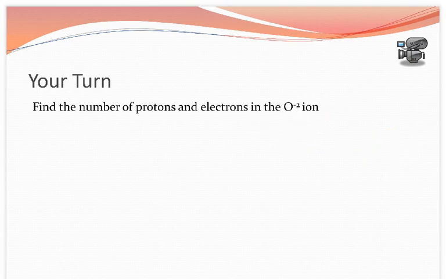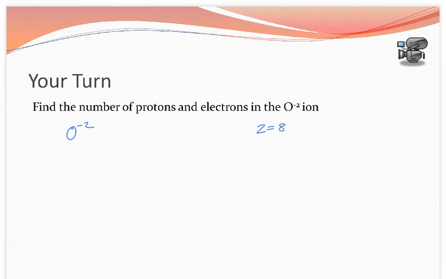Now go ahead and try one yourself, and let's find the number of protons and electrons in an oxygen anion this time. So we have oxygen anion, and the Z number for oxygen, or the atomic number, is 8.